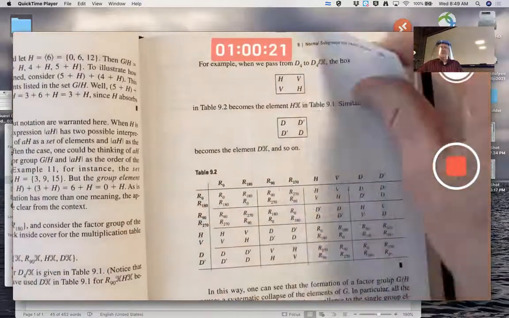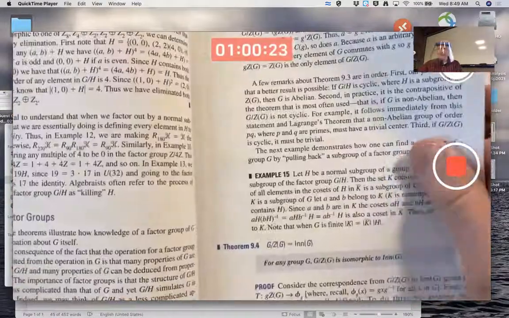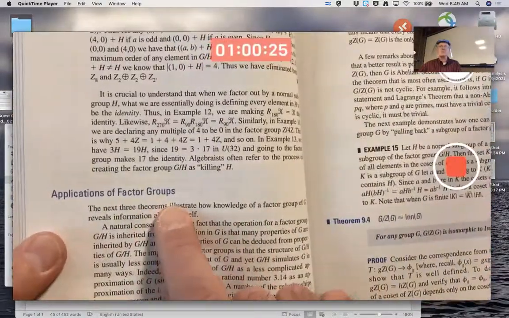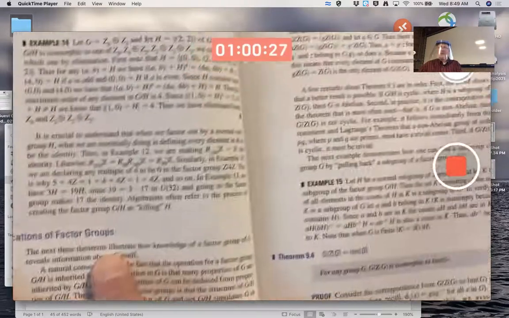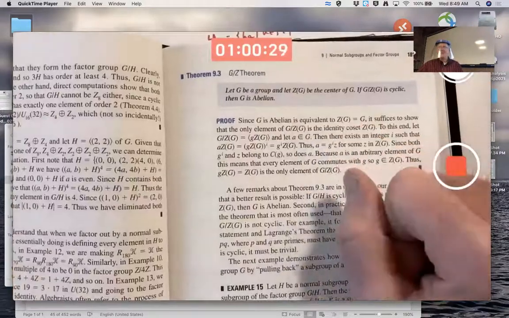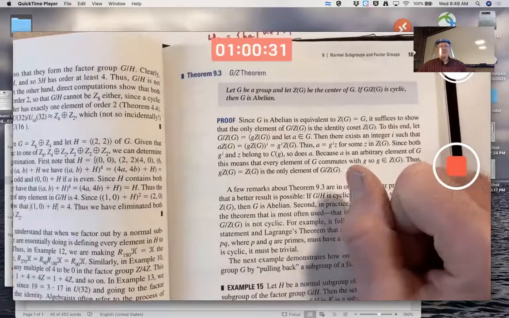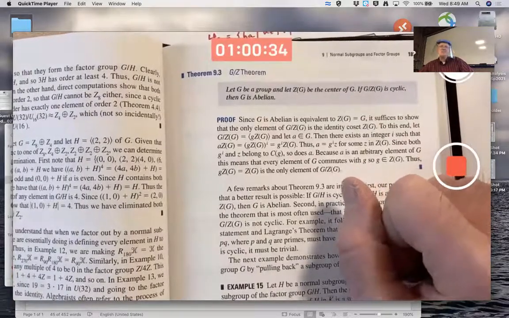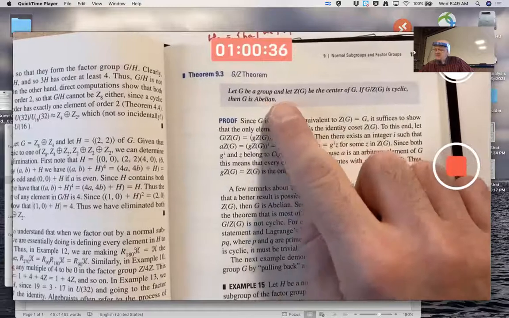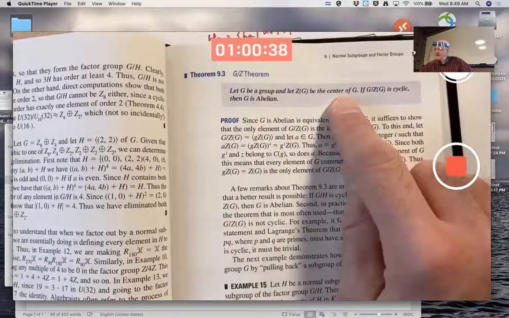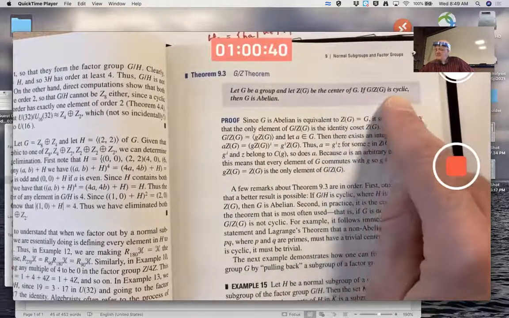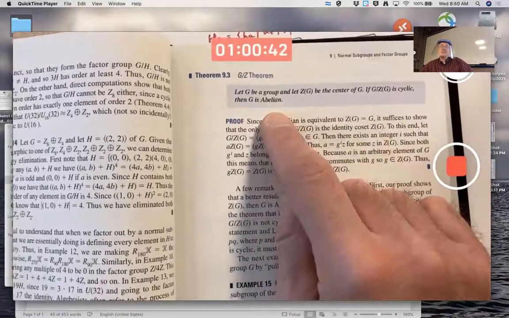Why are they important? One minute. Applications of factor groups. One application is called the G/Z theorem, which is a pretty weird theorem, actually, when you really think about it for a while. If G is a group and Z(G) is the center of G, then if that factor group G/Z(G) is cyclic, then G must be abelian.